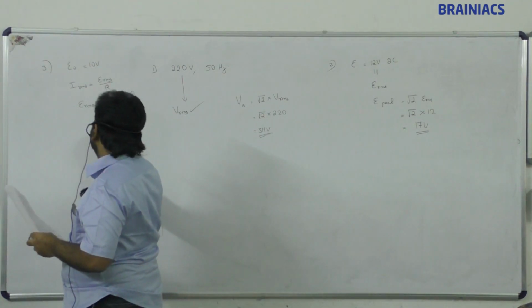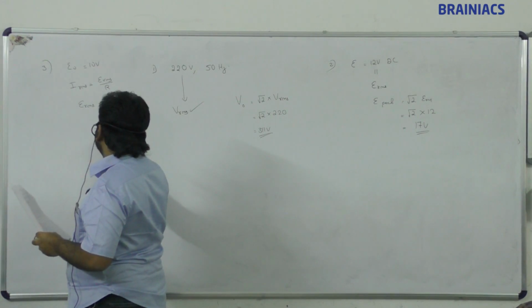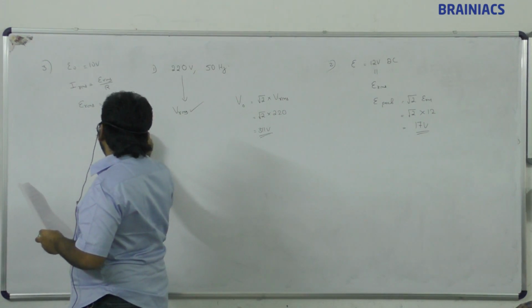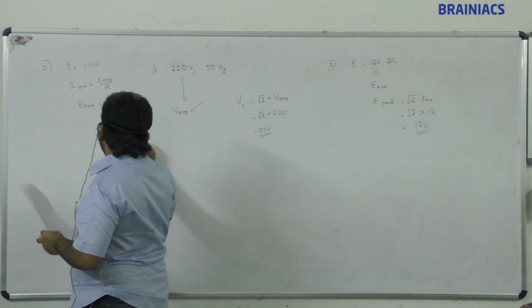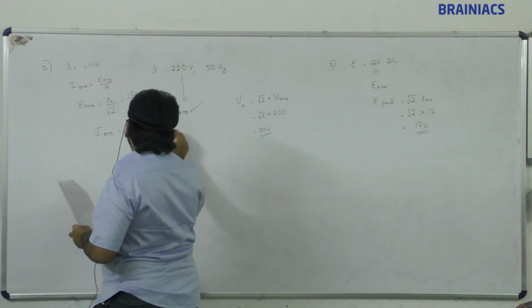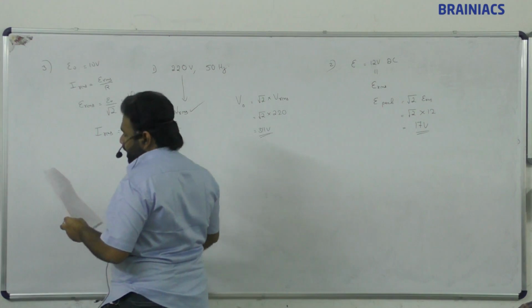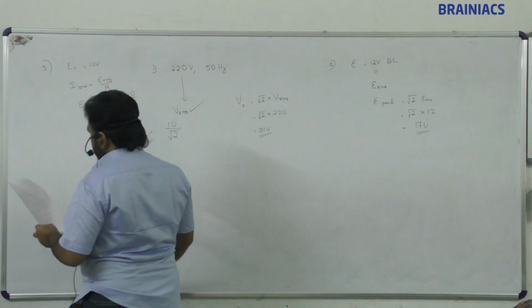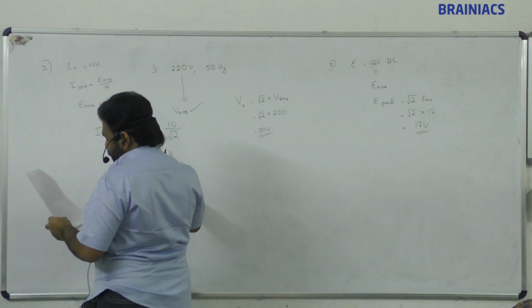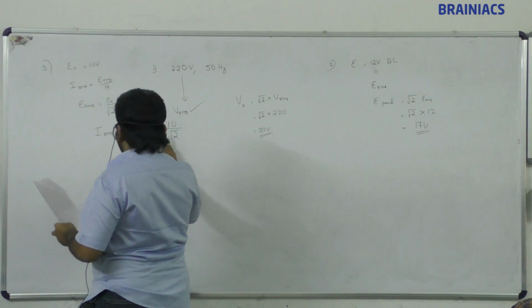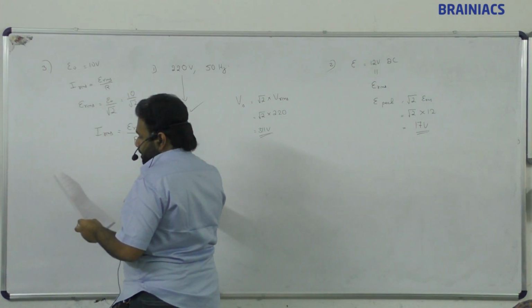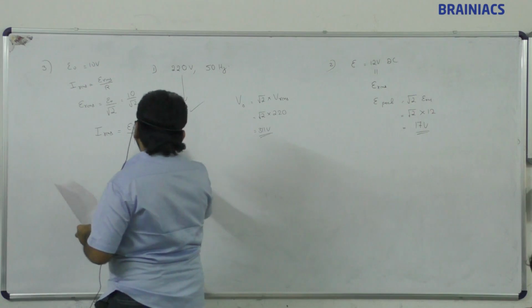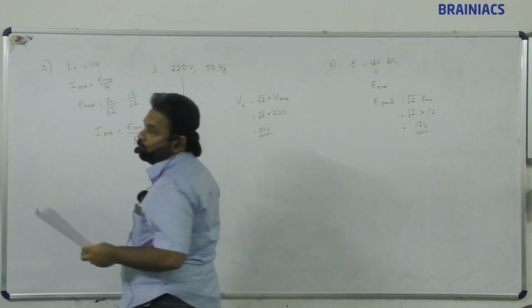Now we need IRMS. IRMS is nothing but ERMS divided by the resistance. So 10 by root 2, and the resistance here is 50 ohm. So 50 root 2.